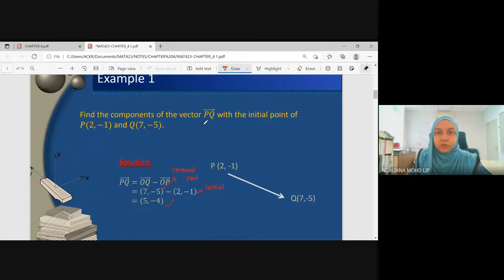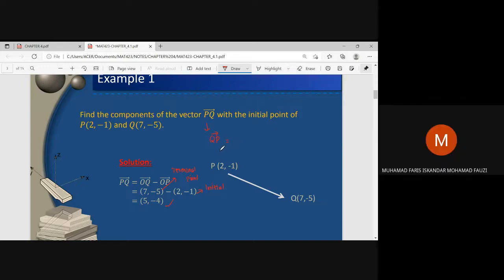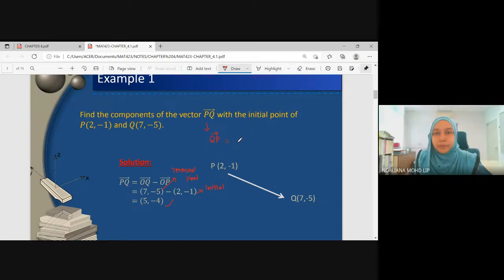So if we want to find the vector QP, how to find the vector QP? OP tolak OQ. So P minus Q. Vector OP minus OQ.